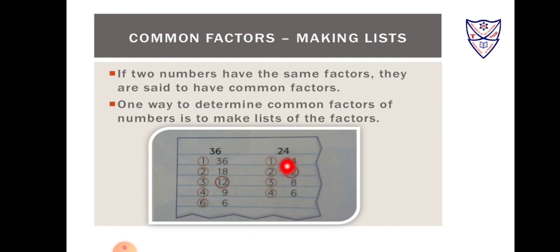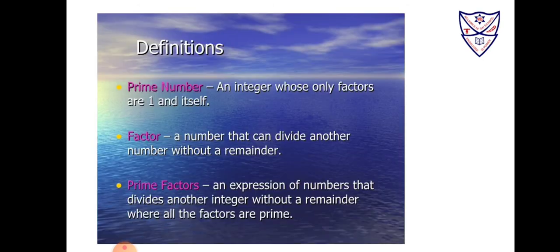And factors of 24 are 1, 2, 3, 4, 24, 12, 8, 6. So from these numbers, which are the common factors? 1, 2, 3, 4, 12 and 6. So these are the common factors. So students, if two numbers have the same factors, they are said to have common factors.